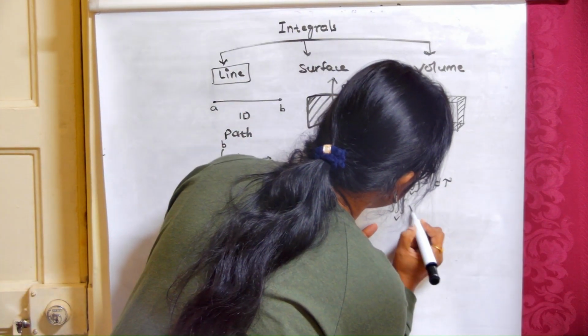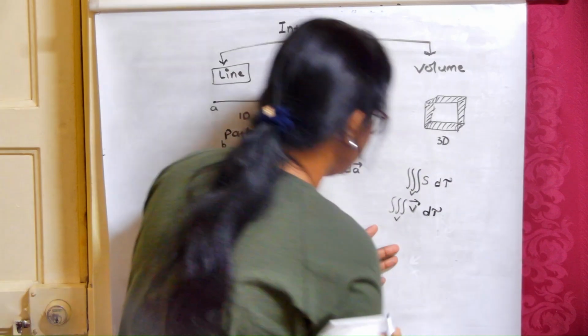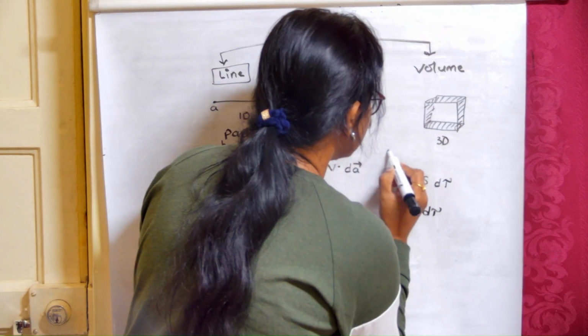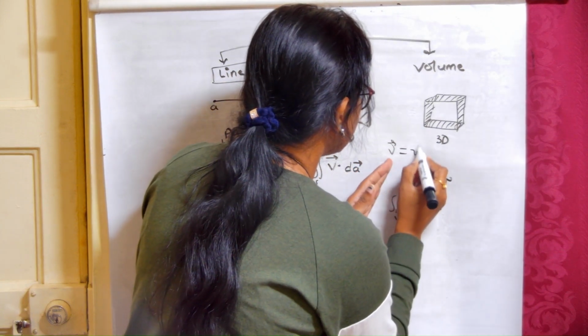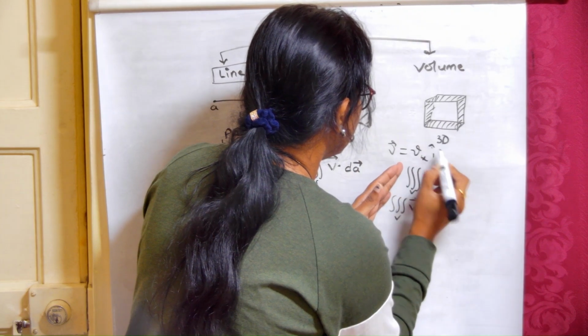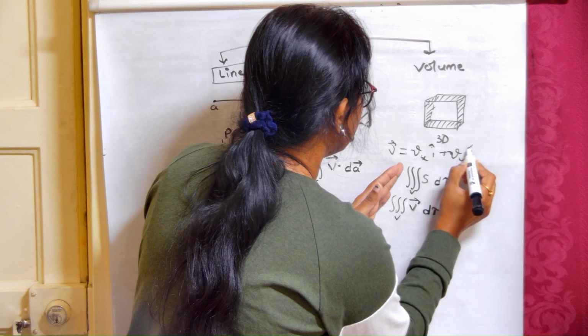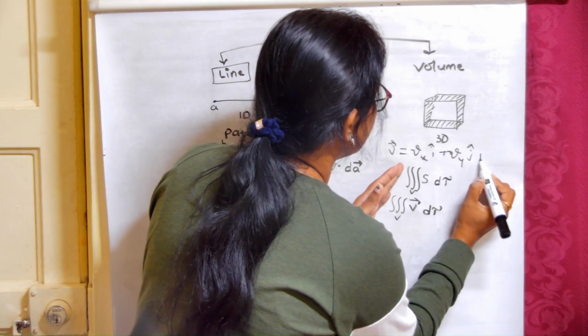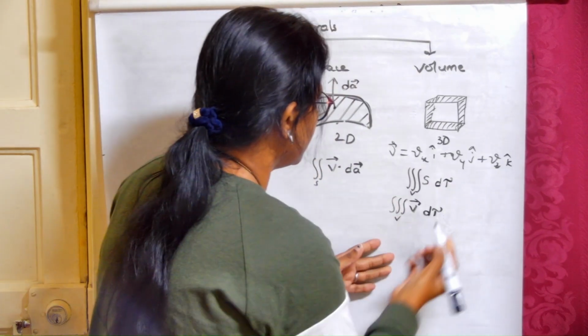Say for example, we have V bar and d tau. Let us say V bar has the components Vx along i cap, Vy along j cap and Vz along k cap.